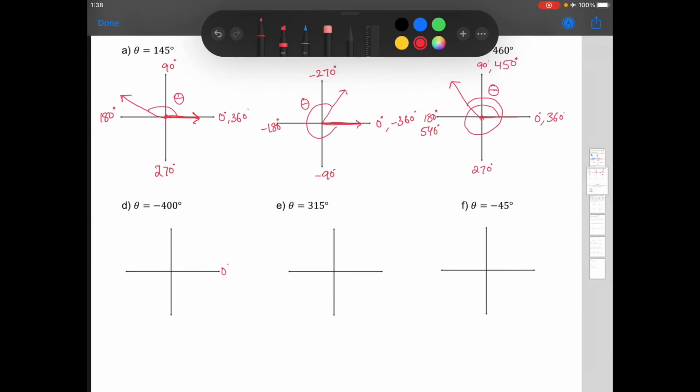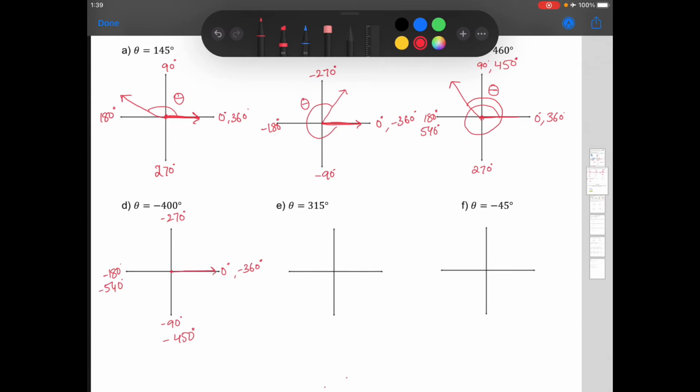Negative 400 would be negative, so it'll be 0, negative 90, negative 180, negative 270, negative 360, negative what? 450, very good, and negative 540. So negative 400 is in the fourth quadrant.